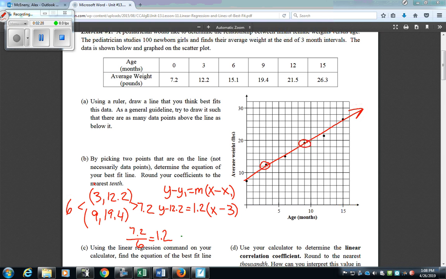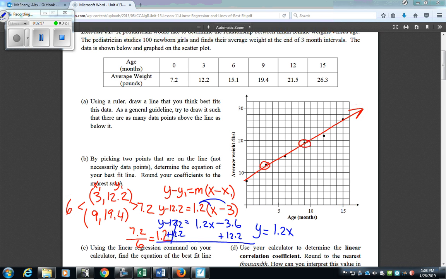Now I'm going to distribute, and try to get y by itself so I get an equation. With that distributing, I get 1.2x minus 3.6. And then, to finish off, I'm going to have to add 12.2 to both sides. So I'll end up with y equals 1.2x.